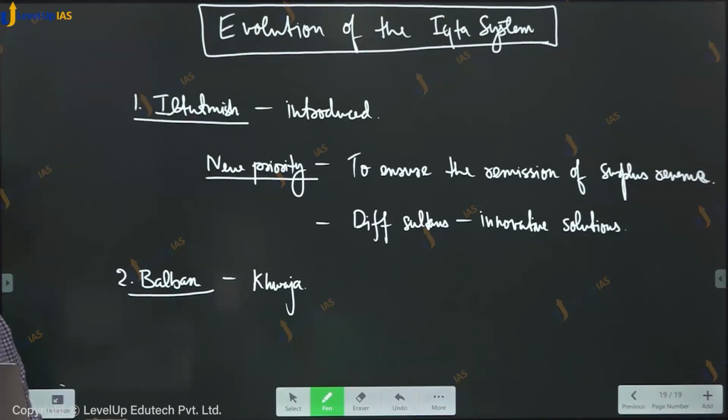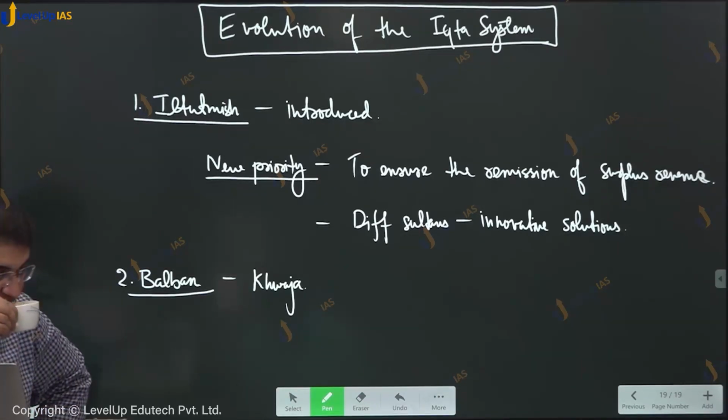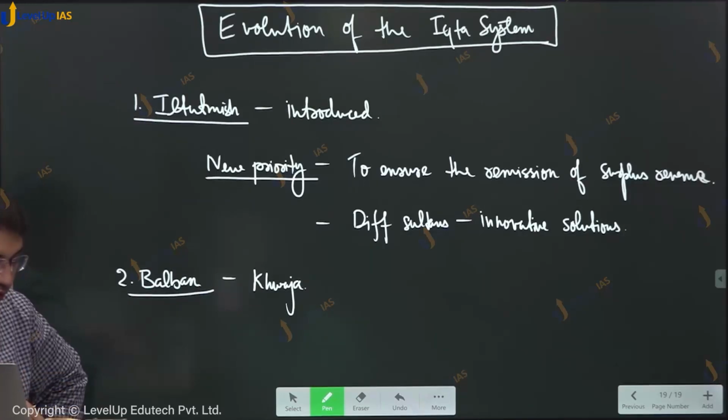Balban began appointing an officer known as Khwaja to supervise income and expenditure at the Iqta level.